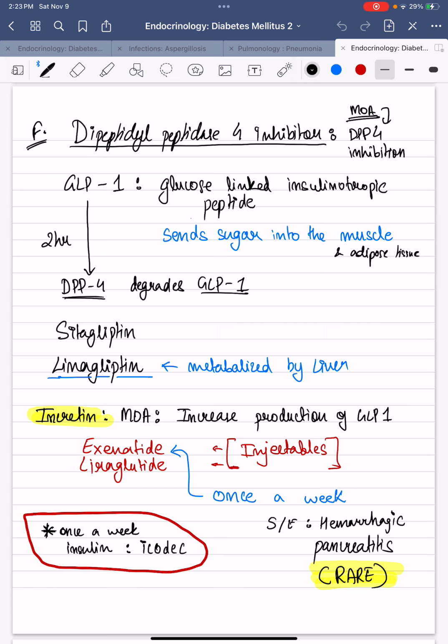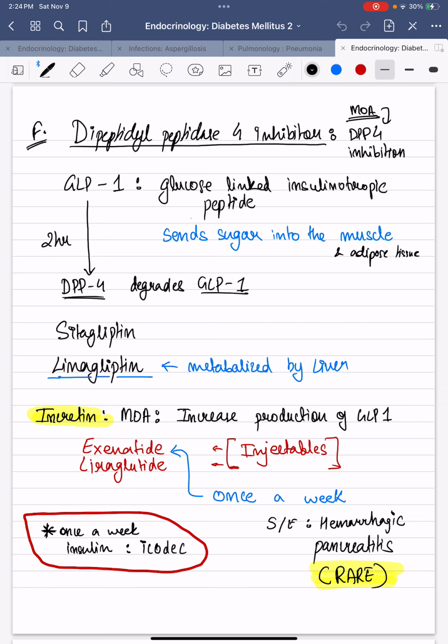So DPP4 inhibitors will inhibit the action of DPP4, and as DPP4 degrades GLP-1, there will be no degradation of GLP-1. So in this class, that is DPP4 inhibitors, there is sitagliptin and linagliptin. Linagliptin, as we saw earlier in that extra fact, is used in obese type 2 diabetes mellitus patients with nephropathy, because linagliptin is metabolized by the liver.